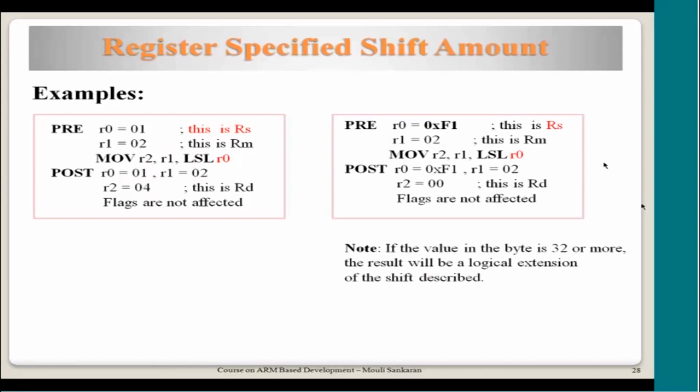Now another example I have given you, LSL R0. Now R0 is filled with F1. F1 is what? It is a huge number. So that many times it wants to do a logical shift left. So it is equivalent to doing it over and over again. Now what happens?